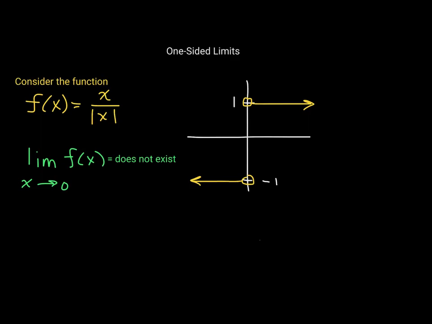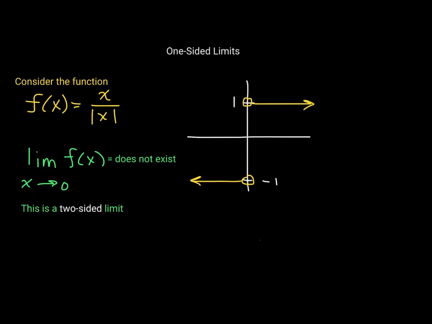Because those two limits are not the same, we're going to say the limit of f(x) as x approaches 0 does not exist. Basically, when we write it like this, as x approaches 0, we mean from both sides of 0. This is sometimes called a two-sided limit.